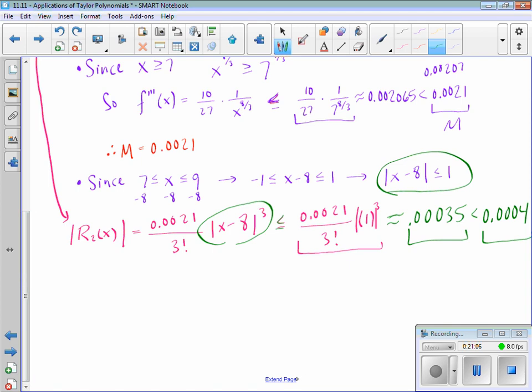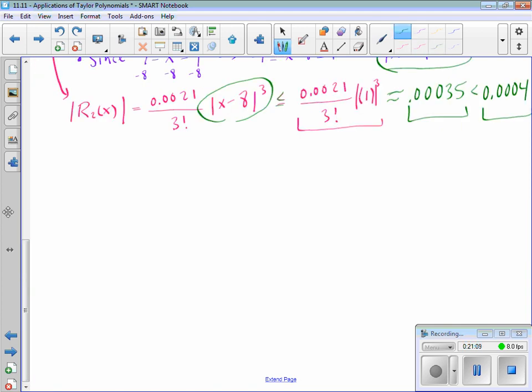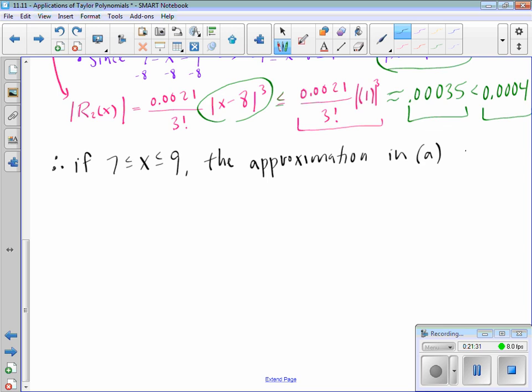Okay, so let's write this out so that we have it in our notes. Okay, so therefore, if our x is between 7 and 9, the approximation in A is accurate to within, and let's write this one instead.